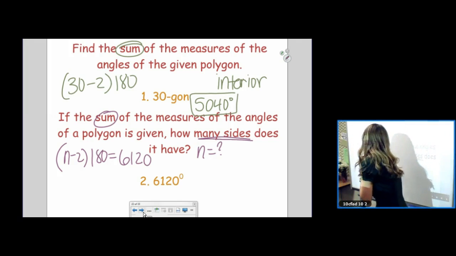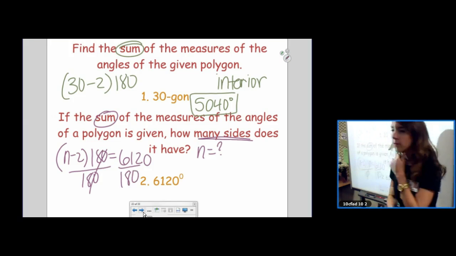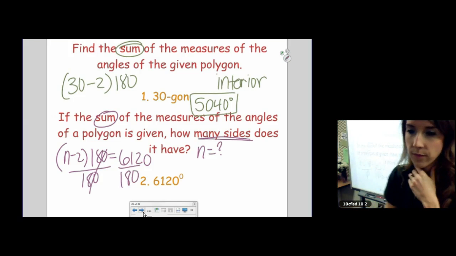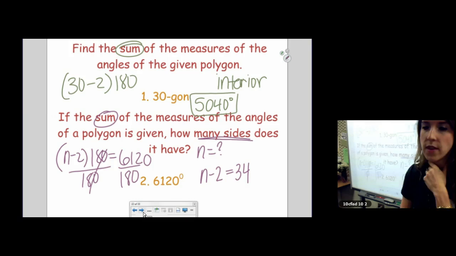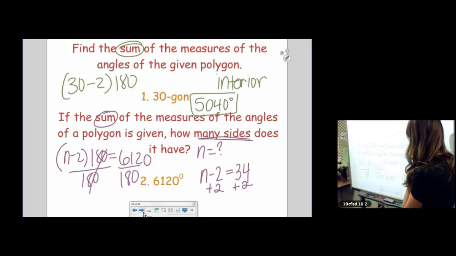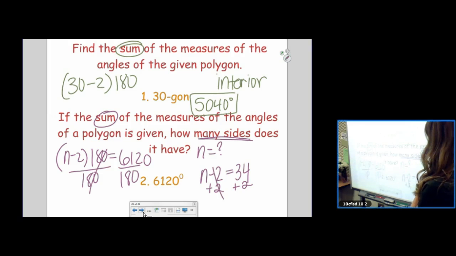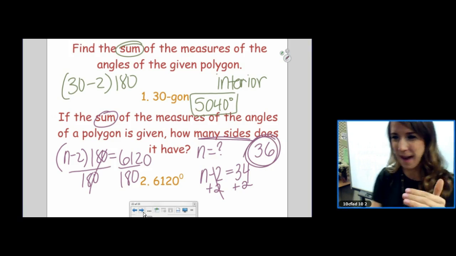The opposite of multiplying by 180 is dividing by 180. And you get, what, 34? So n minus 2 equals 34. The opposite of minus 2 is plus 2. So how many sides does it have? 36 sides. So we use the formula, we worked backwards.